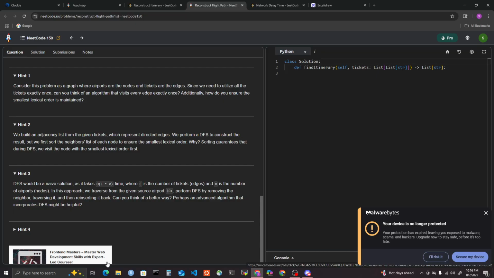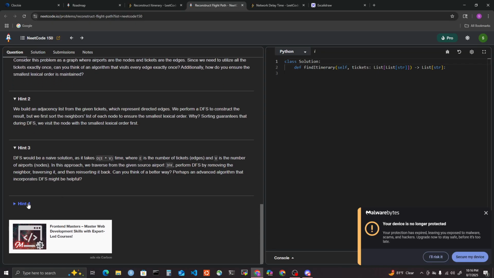Let's read some more. In this approach, we traverse by moving to the neighbors, and then perhaps an advanced algorithm that incorporates DFS might be helpful.